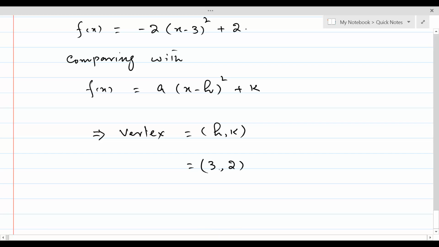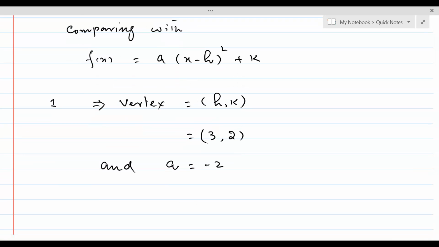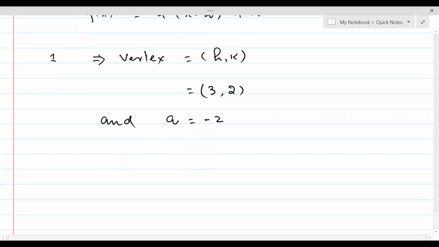Once we have found the vertex, a is equal to minus 2. Since it is negative, the parabola is facing downward, so there is a maximum point.